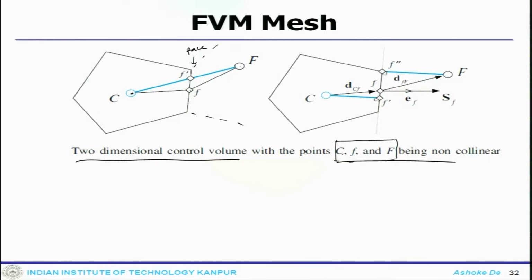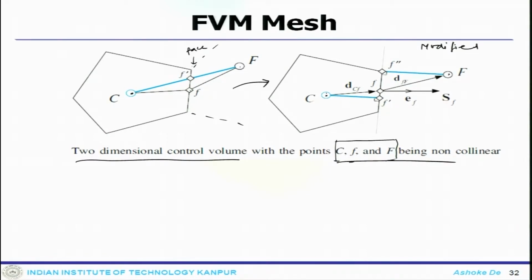Once they are not collinear, it is very difficult to handle with that kind of linear interpolation, and you may find difficulties. A slightly modified system could be this one, from this to this. This is a modified option. You have these points, so you find a normal to that face.